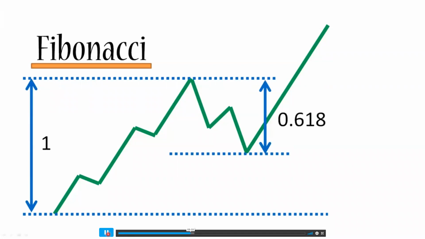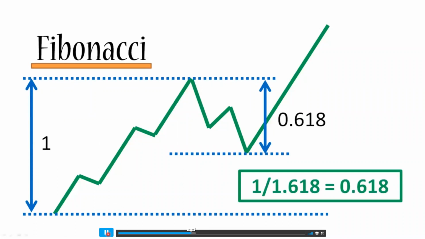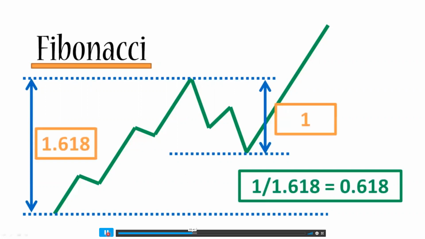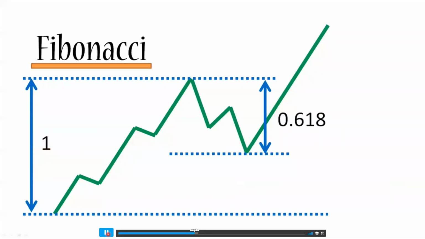Now the best part is that if you divide 1 by the golden ratio, you will get 0.618. So this basically means that if you take your original trend as 1.618, then your retracement will be 1. So basically you see the golden ratio here. We'll just return back to 0.618, which is the inverted golden ratio.